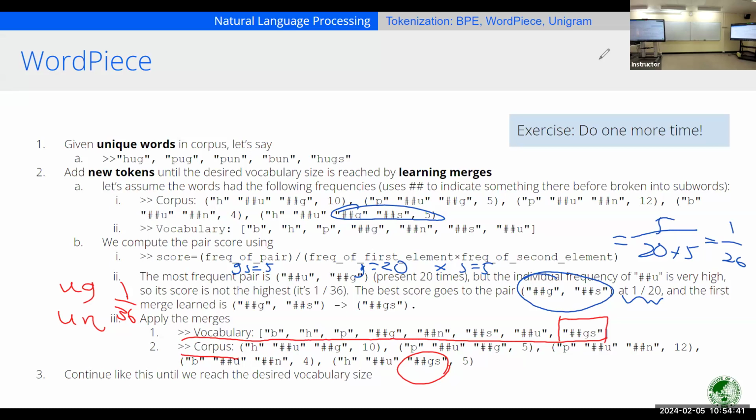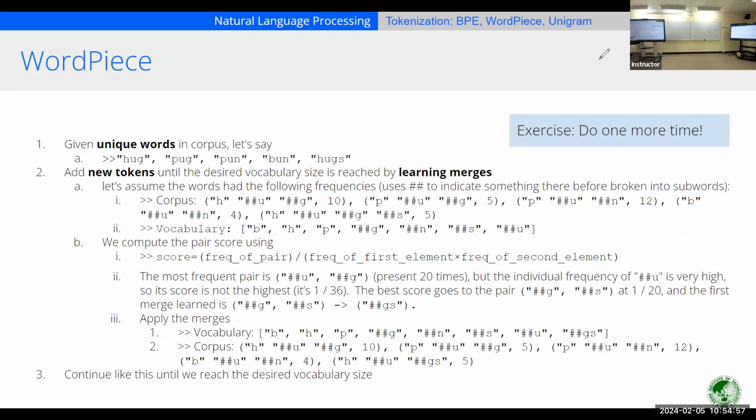Okay. Then according to the whole class, I think everyone concludes that any pair can be merged, right? Because they have the same 1 over 36. So let's say this can be merged, right? UG, if you merge this one, then you will have UG, right?